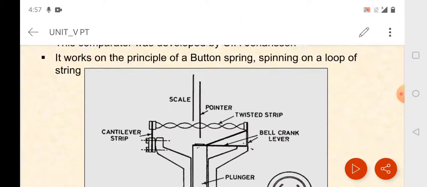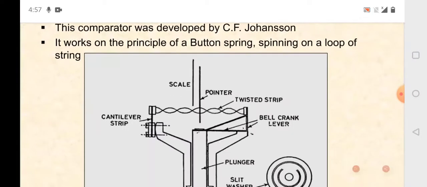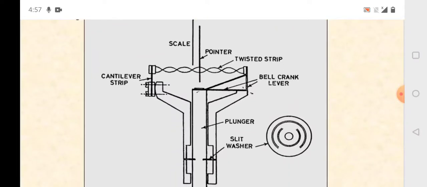Then next is the Johnson's microcator. Here, in place of the gear train, there is a twisted strip, and the potential energy of that strip is used for the movement of the pointer.